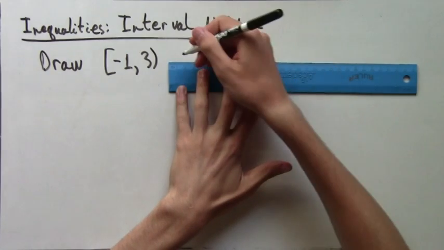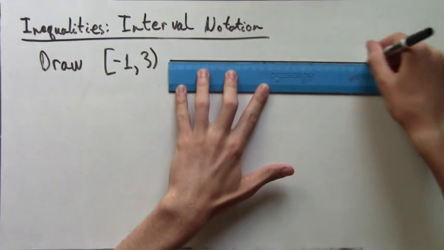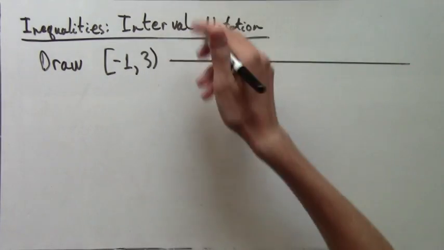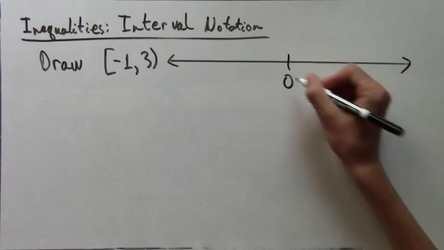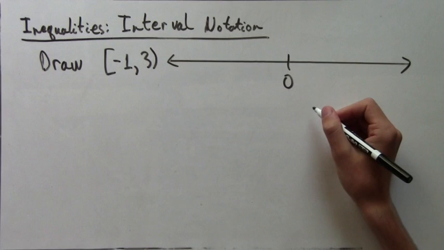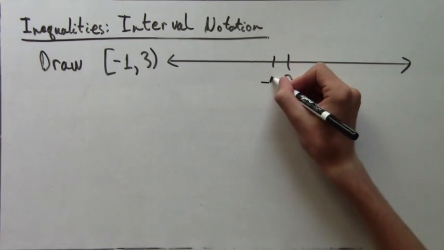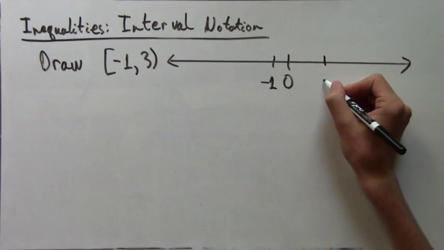So let's draw this number line first. And always draw 0 on the number line. Now the endpoints are -1 and 3, so we should draw them as well.